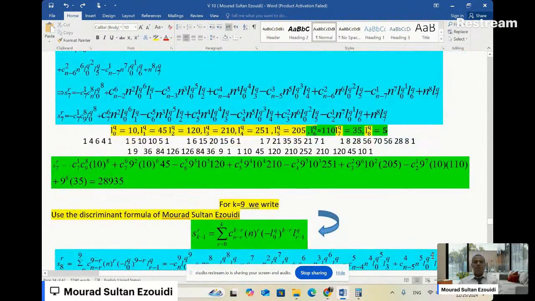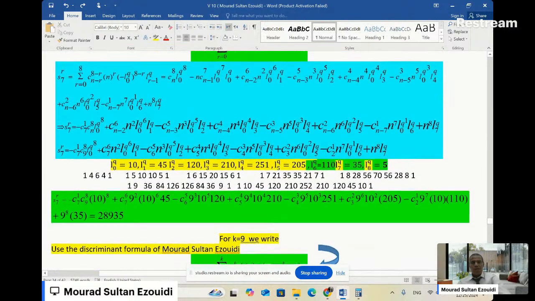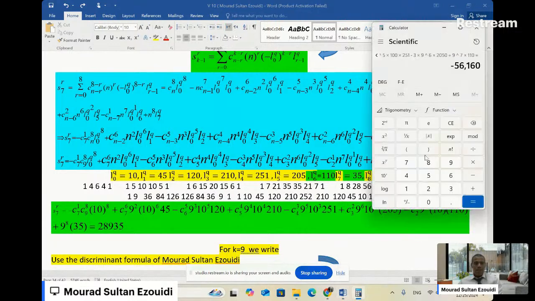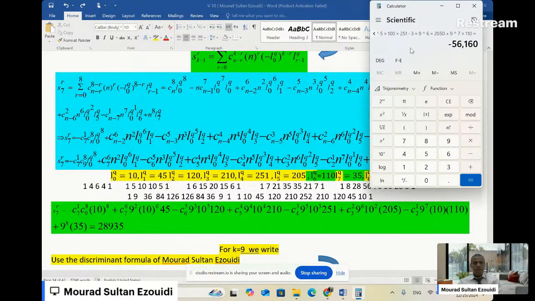So, my kids, here I should calculate this. After calculating this one, you already note the value of S7. I will ignore now the value of S6, then I will start from the beginning.